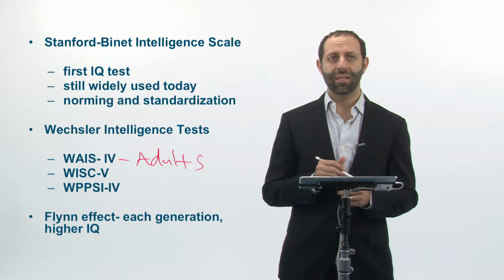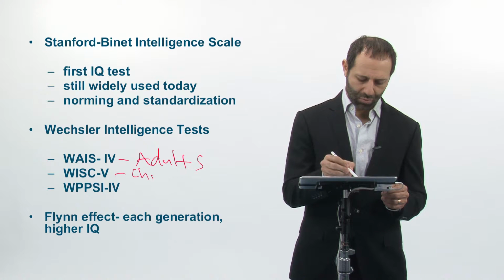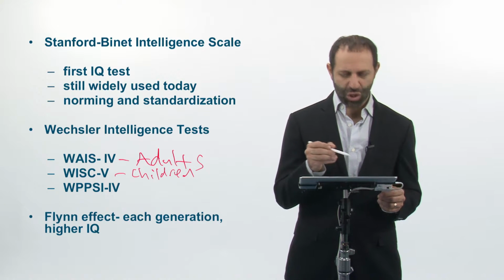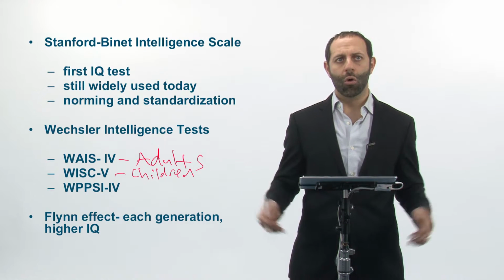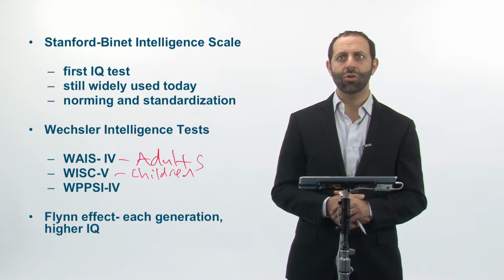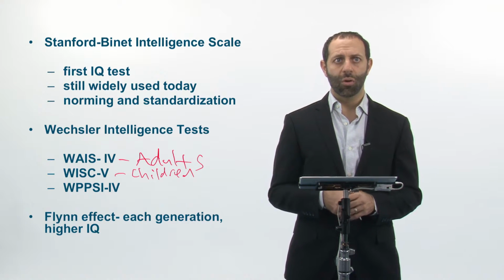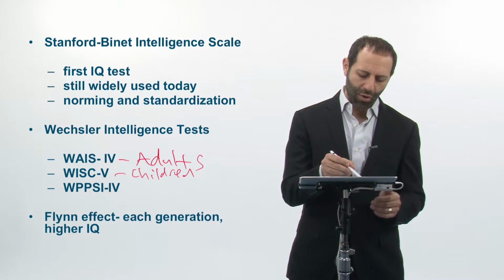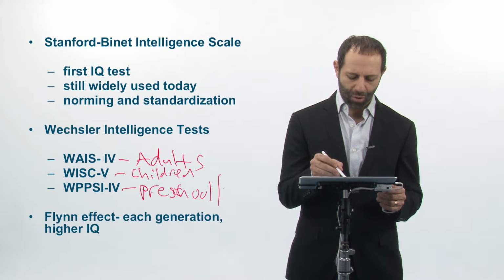The WISC is the Wechsler Intelligence Scale for Children, and that is generally for school-aged children. Let's say 1st grade all the way through high school. And then the WPPSI is used for preschool as well as primary school. So the WISC and the WPPSI do overlap to a degree, but the WPPSI is used for preschool-aged children as well as primary school.